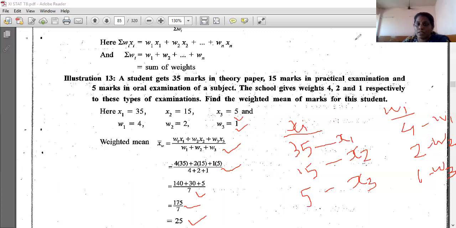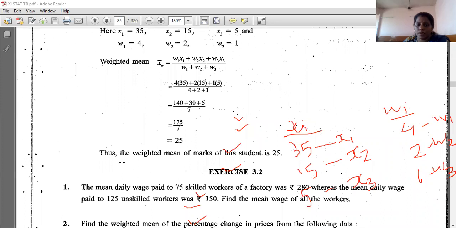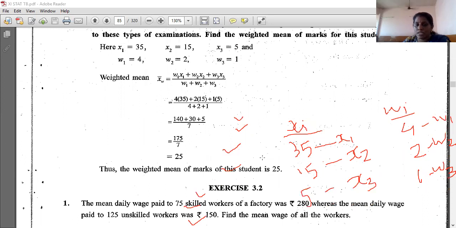So you got 25 as your answer. In the statement you write: the weighted mean of marks of this student is 25. This is the way to do your weighted mean sums.